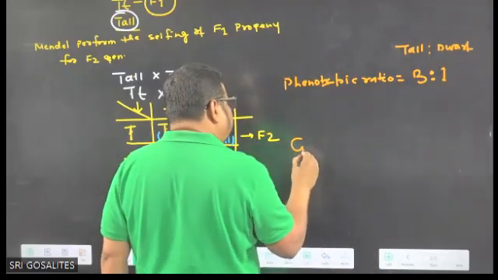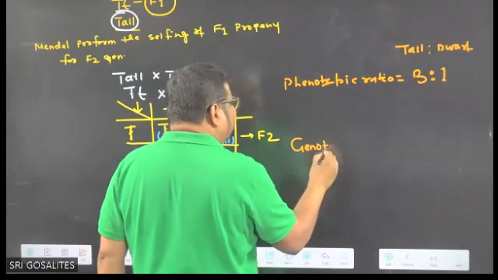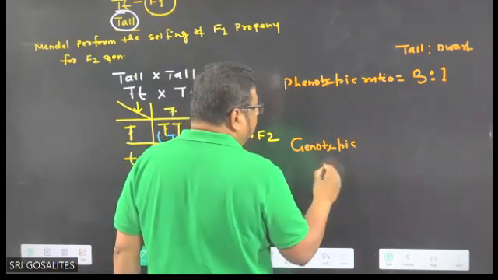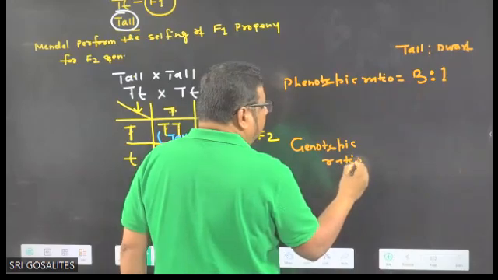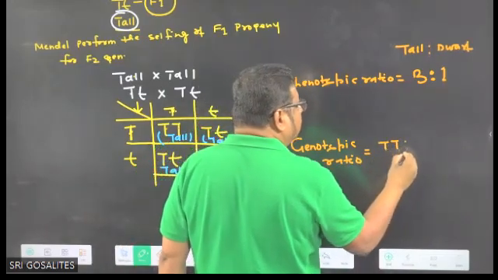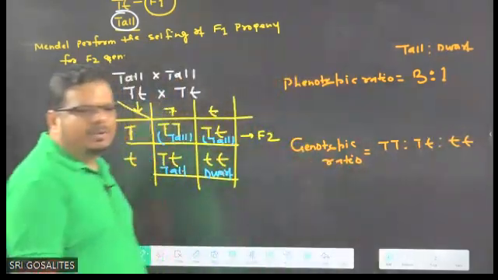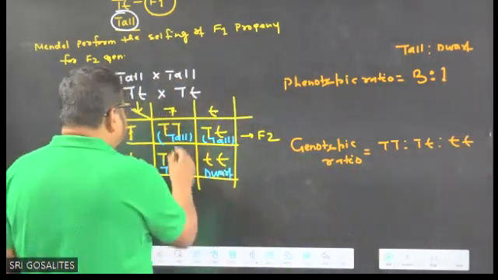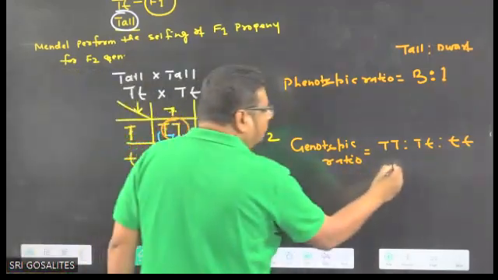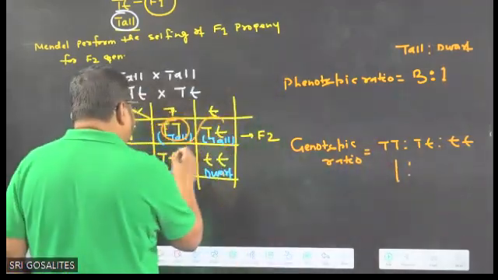Now the genotypic ratio, the genetic makeup. How many are capital T, capital T? How many are capital T, small t? How many are small t, small t? Capital T, capital T is this one. It is 1. Capital T, small t, how many?